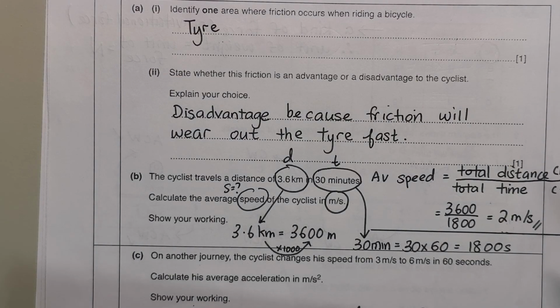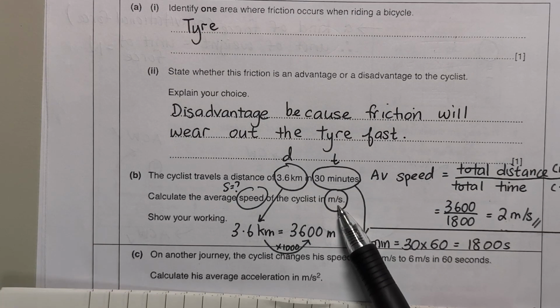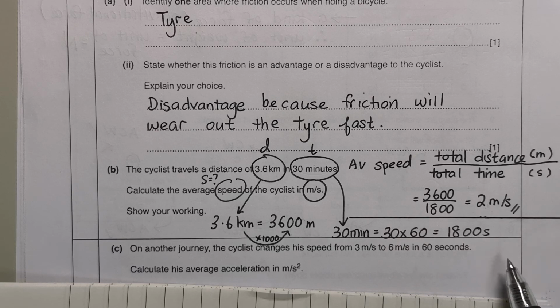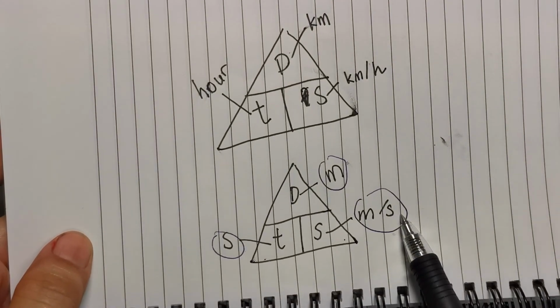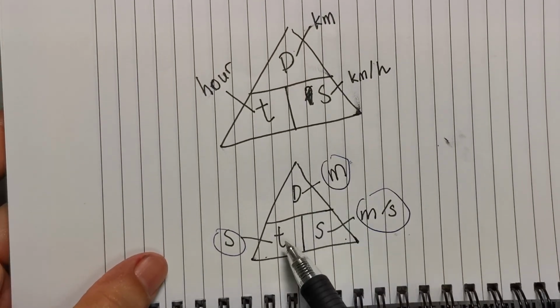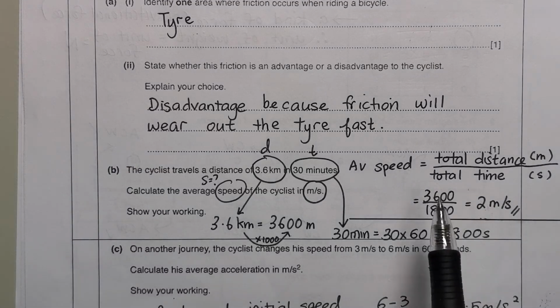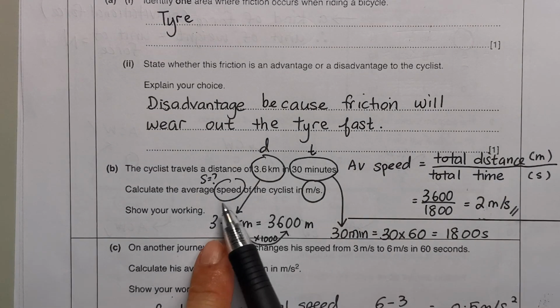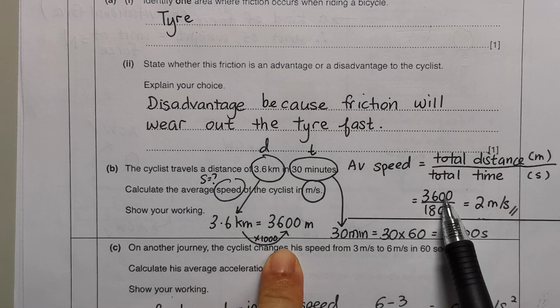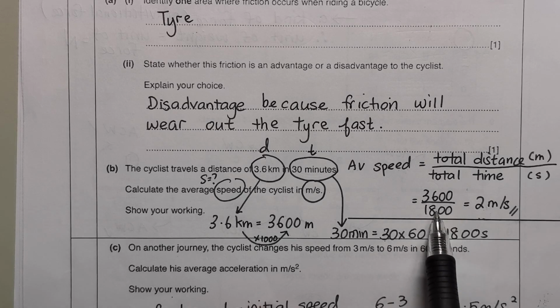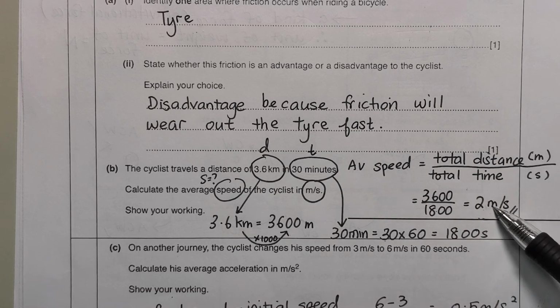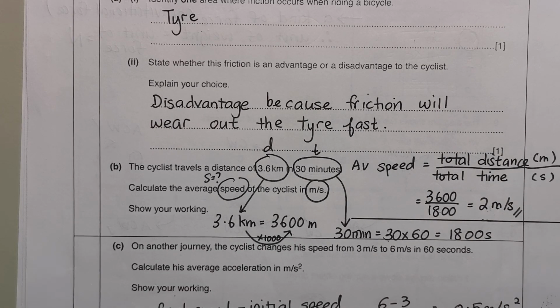The question wants you to give the answer in meters per second, which means the distance must be meters and the time must be in seconds. So I will convert 3.6 kilometers to meters, 3,600. I will convert the time of 30 minutes to seconds. And then I'll get my final answer, 2 meters per second.